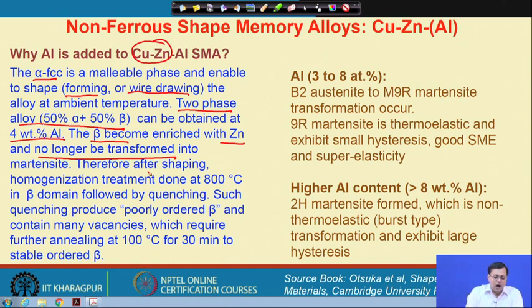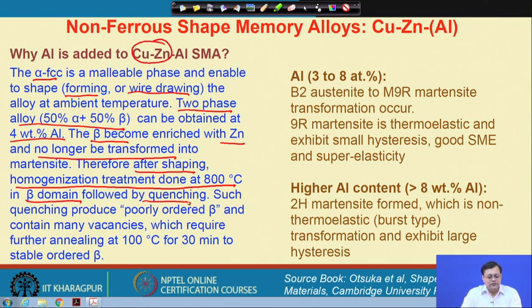So, therefore, after shaping we need to do some homogenization, because during quenching itself some defects will be produced, and defects, meaning a large amount of point defects, are sometimes not good, and so we need to homogenize around 800 degrees centigrade in the beta domain followed by quenching.